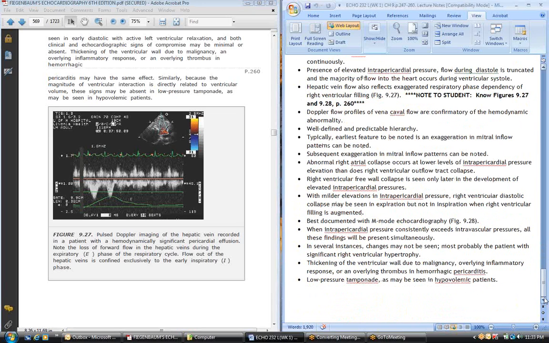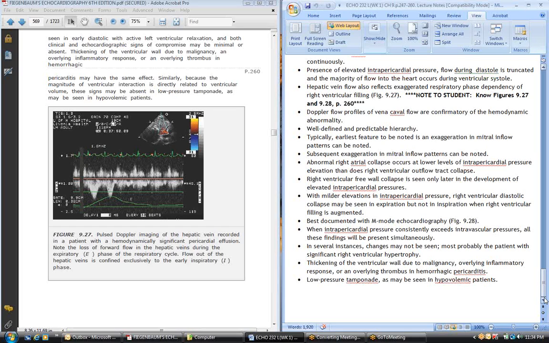Typically, the earliest feature to be noted is an exaggeration in mitral inflow patterns. Subsequent exaggeration in mitral inflow patterns will be noted. Abnormal right atrial collapse occurs at lower level of pressure elevation than does ventricular outflow tract collapse. So you're getting a hierarchy of bad to worse, so to speak.